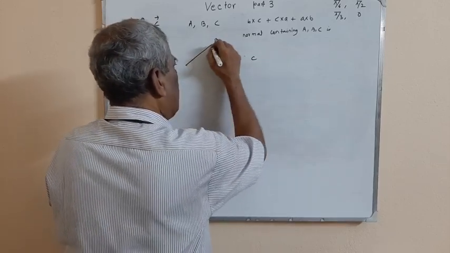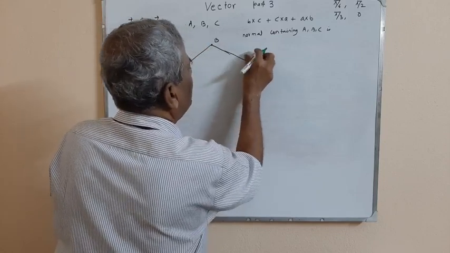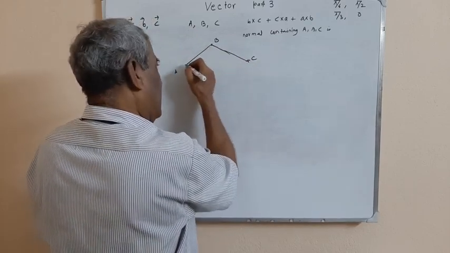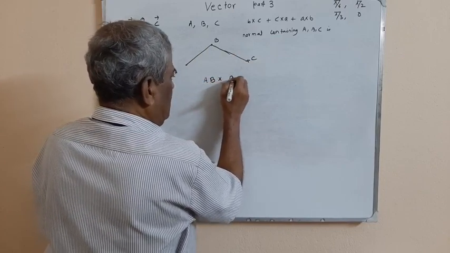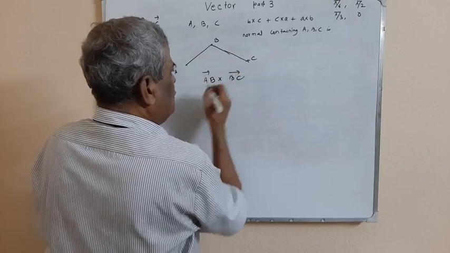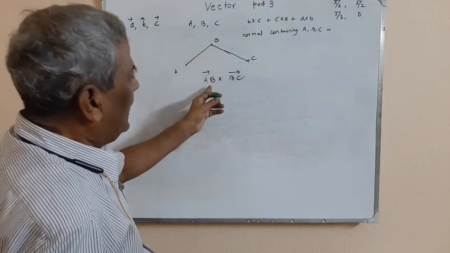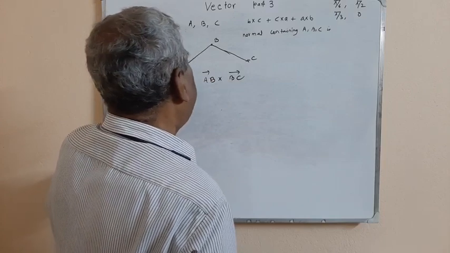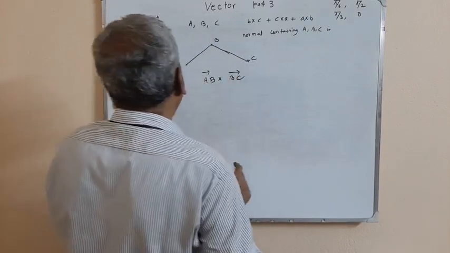So AB vector cross BC vector: actually this is a vector and it is perpendicular to the plane containing A, B and C. So the AB vector, how much?